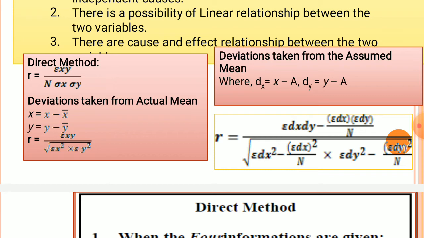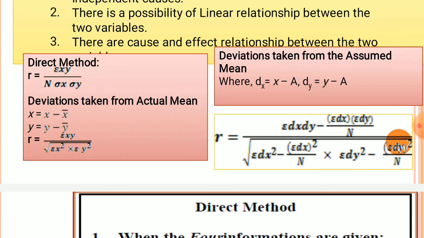If deviations are taken from actual mean, then x is equal to x minus x bar, and y is equal to y minus y bar. When deviations are taken from actual mean, x is the difference of the given values from the arithmetic or actual mean.